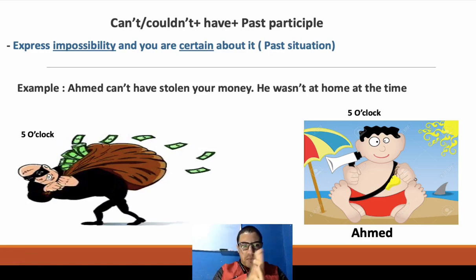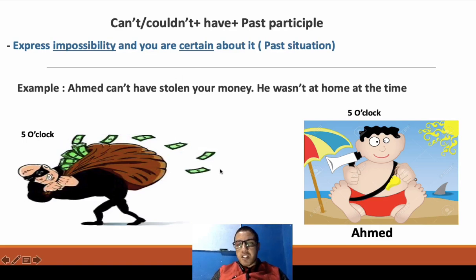And in this apartment, there are many people, and Ahmed is one of them, right? At 5 o'clock, someone stole the money from this apartment. But at that time, where was Ahmed? As you can see in the picture, he was at the beach. He was at the beach at the time of this robbery.